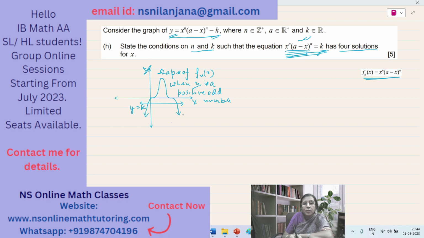And this one is fn of x. I have written this as well. So we are seeing that wherever I draw this line y equals k, it will not be crossing the fn of x graph at more than 2 points.